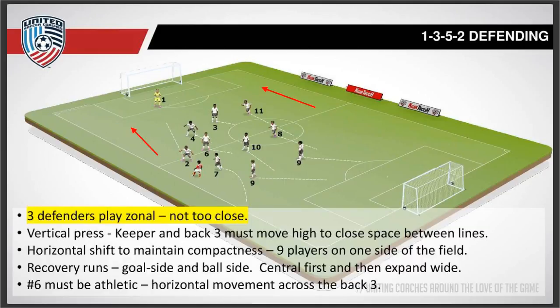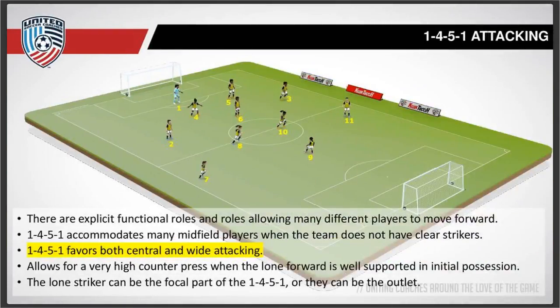And as we see with some teams at the professional level, they do a really good job of making their 3-back line look a lot bigger and a lot wider than they necessarily are and can cope with. So that would certainly be the feature I would look at in terms of the defending side of the 1-3-5-2.